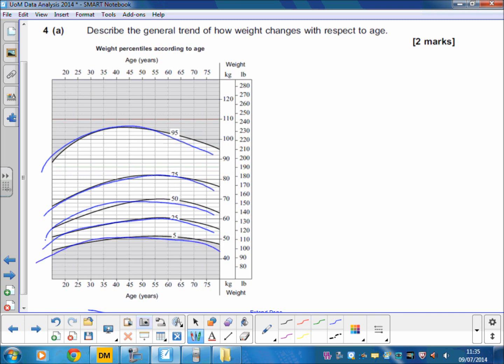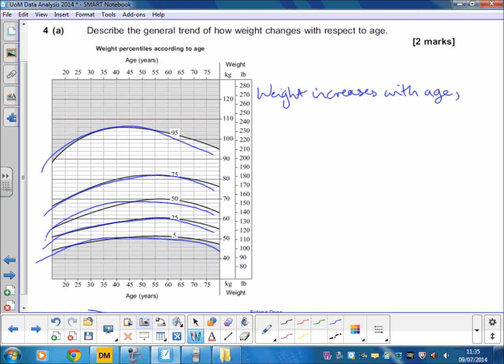Okay, so it increases. So our general trend is weight increases with age. Now it gets to a maximum somewhere in the middle of life.